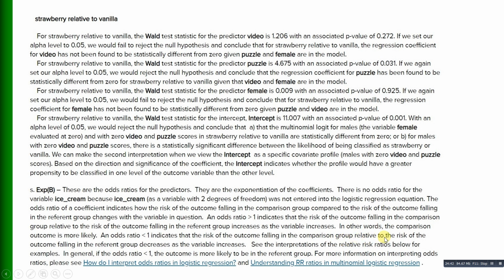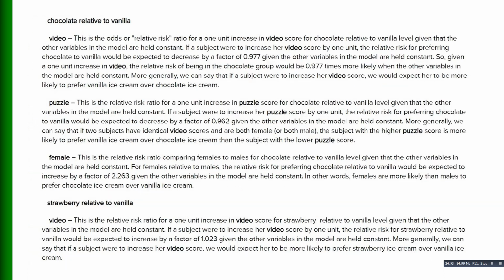Now let me go to another slide, and here is the analysis of the chocolate relative to vanilla, and these coefficients of video, puzzle, female, and then the Wald statistics are interpreted in the way I just discussed before. So I leave this for you, and the interpretation is there, the whole detail is given here.